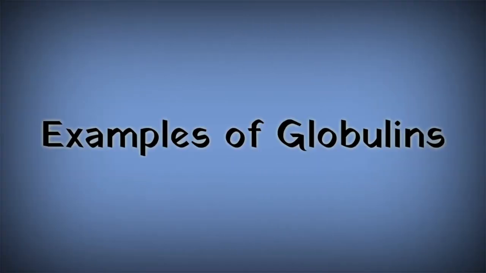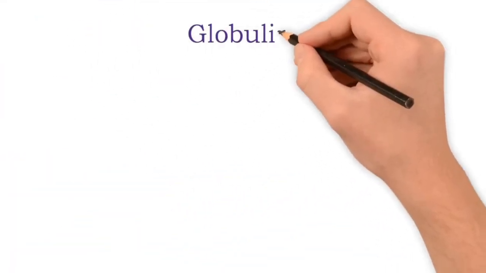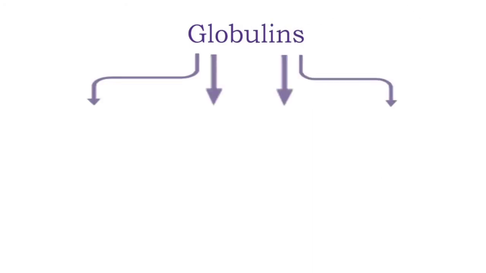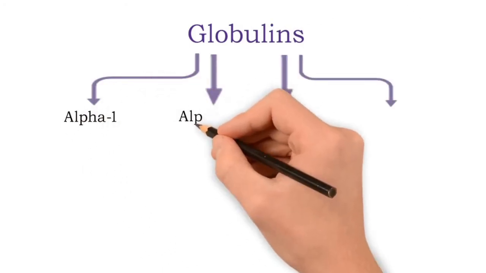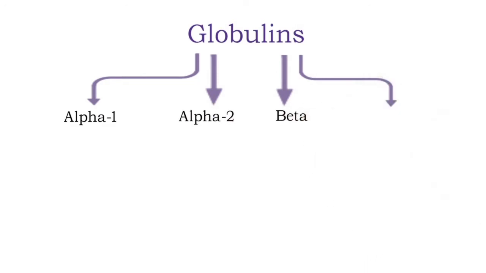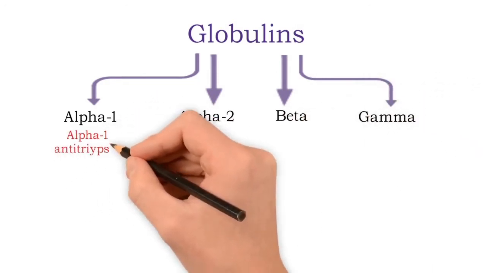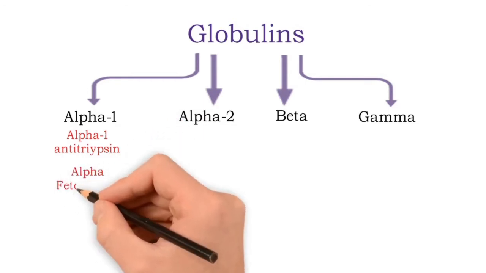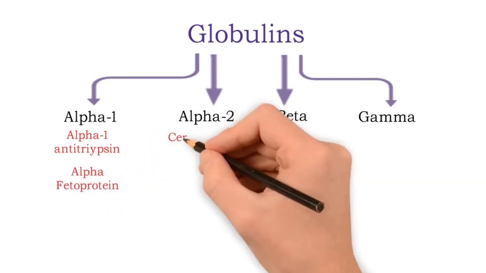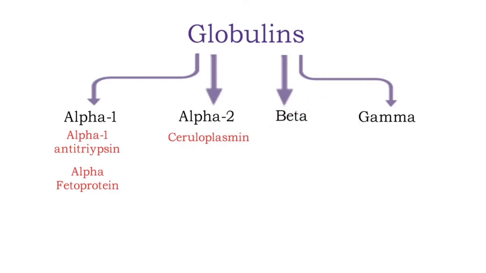Now we'll see some examples of globulins. Globulins are of alpha 1, alpha 2, beta and gamma. Alpha 1 includes alpha 1 antitrypsin and alpha fetoprotein. Alpha 2 includes ceruloplasmin and haptoglobins.